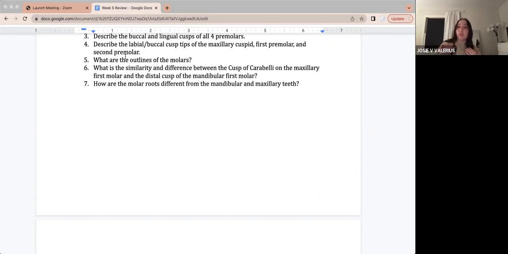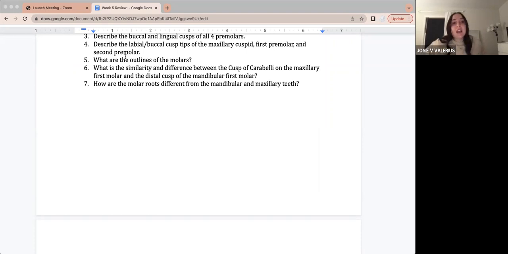And then for the mandibular first premolar, the buccal cusp is nearly twice as big as the lingual cusp. So the buccal cusp is way bigger than the lingual cusp for the mandibular first molar. For the mandibular second molar, there are 2 lingual cusps, and we already kind of talked about that.